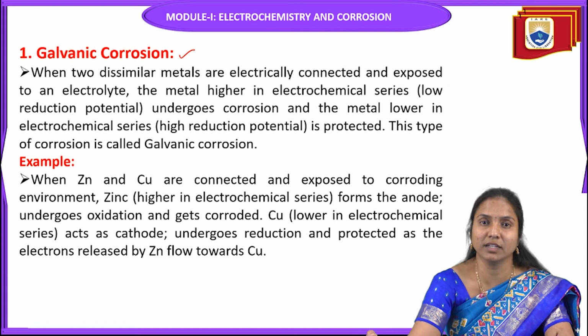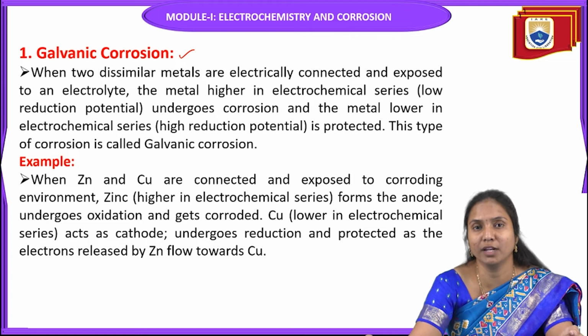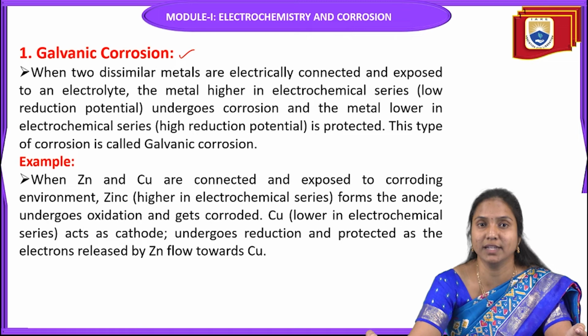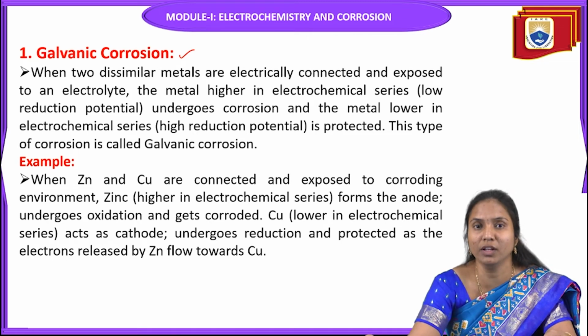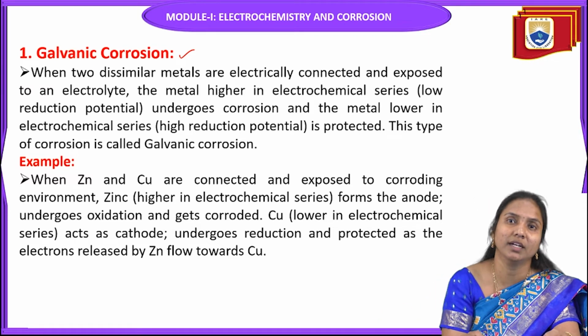Two different metals are electrically connected and exposed to electrolyte. Of these two metals, the one at a higher position in the electrochemical series easily undergoes corrosion. This type of corrosion is called galvanic corrosion, or bimetallic corrosion.